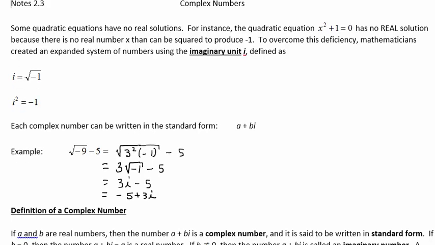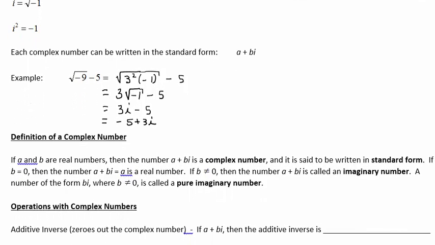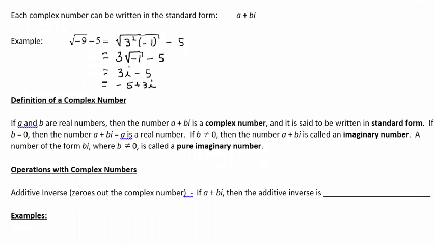Let's take a look at a definition and then we'll begin our work with imaginary numbers. All right, so a and b are real numbers. Then the number a plus bi is a complex number. And again, every number out there is a complex number. And it is said to be written in standard form when it's written this way.